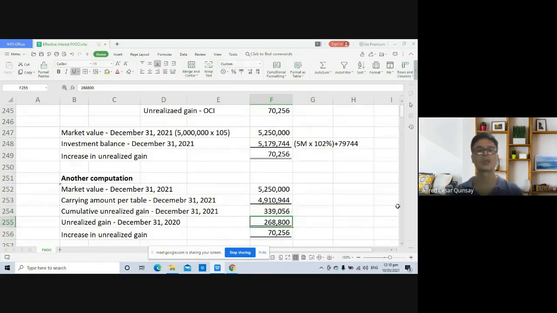Tapos ililess lang natin yung unrealized gain na 268,800. Okay, and then we have yung increase in unrealized gain na 70,256. Ito yung sa December 31, 2020.